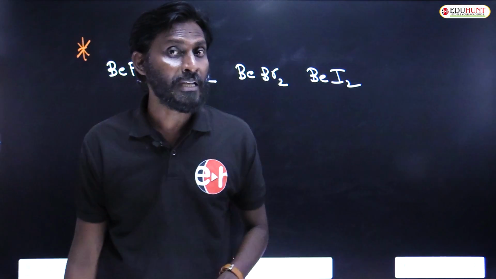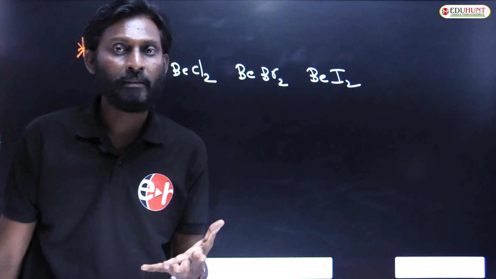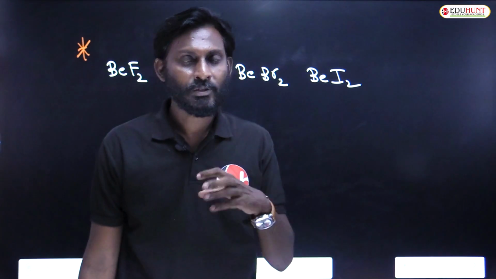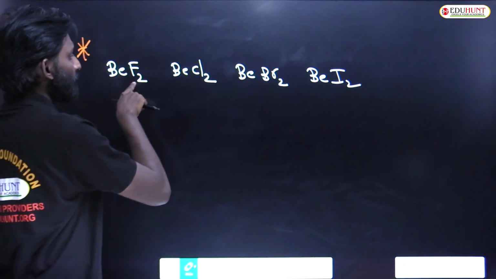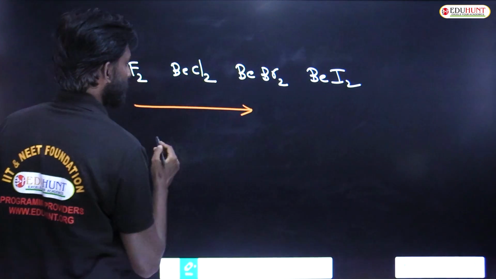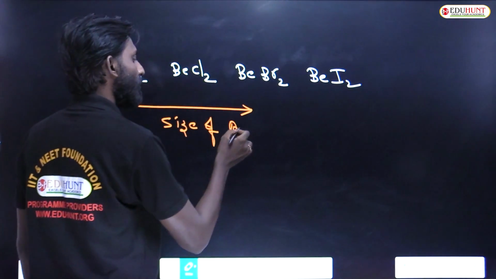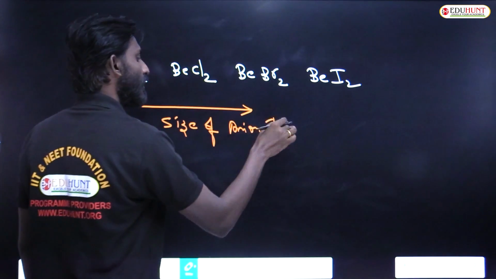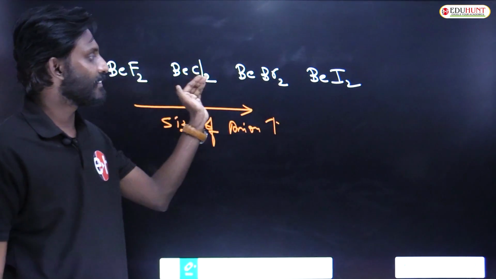Which cation? Beryllium. Beryllium is the first member of which family? Second group, small cation. So small cation, small anion, F minus. In this direction, what happens? Size of anion is increasing in this direction.